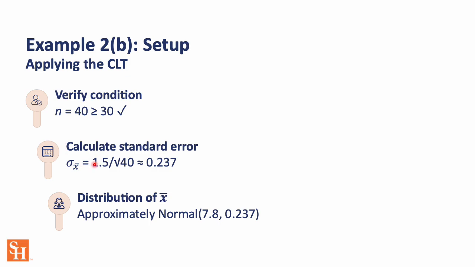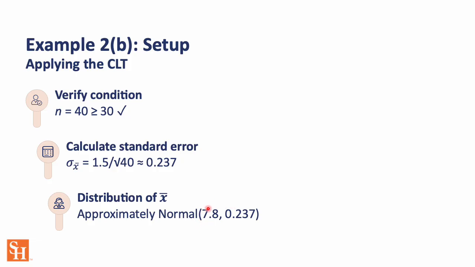The only thing that would be different is the standard deviation. For the original distribution, the standard deviation was 1.5, and therefore for the sample mean, the standard deviation would be 1.5 over the square root of the sample size, and in our case our sample size is 40. Therefore the standard deviation is 0.237, right? And what would be the mean? The mean would be the same.